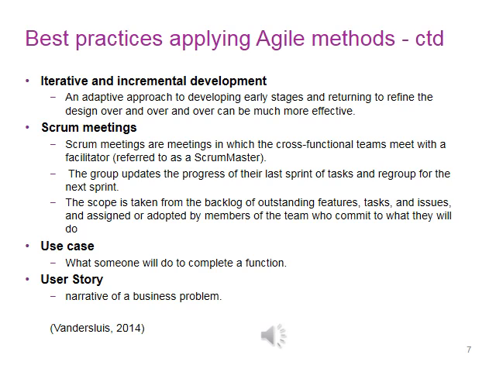Some other best practices involved in applying Agile project management methods include an iterative development approach, which is an adaptive approach to developing early stages and returning to refine that design over and over, and can be much more effective than an incremental approach. Next, the use of SCRUM meetings. SCRUM meetings are used for cross-functional teams to meet with a facilitator referred to as a SCRUM master.